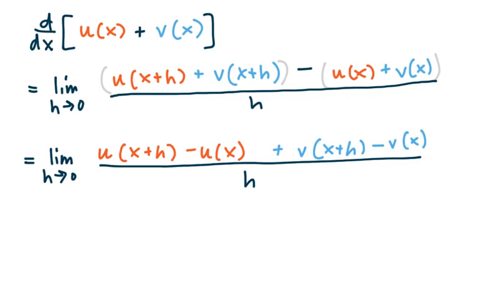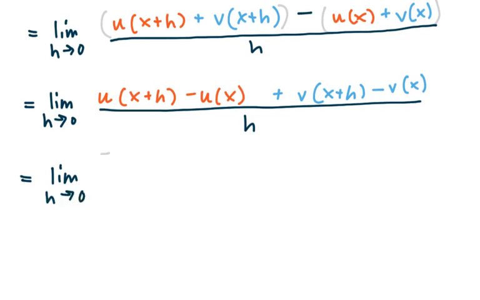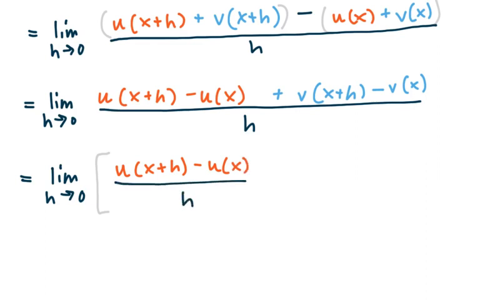I can think about this as unadding these fractions, separating them. Here I would have the limit as h approaches 0 of this large quantity, u of x plus h minus u of x divided by h, plus v of x plus h minus v of x divided by h.